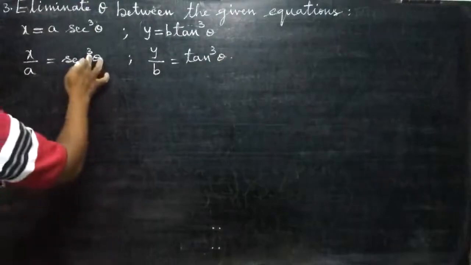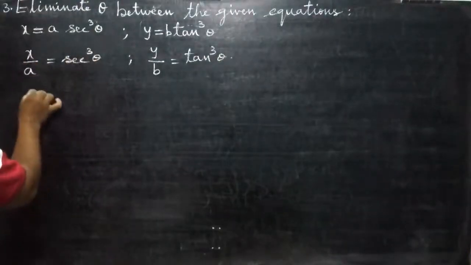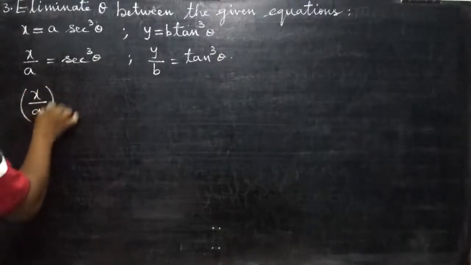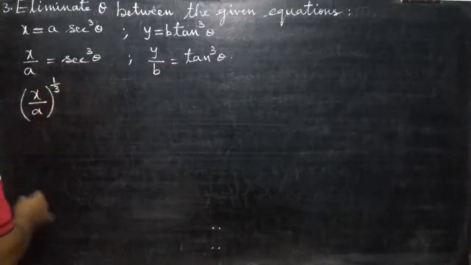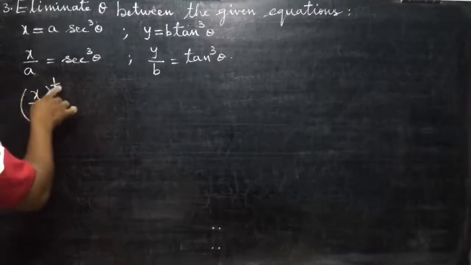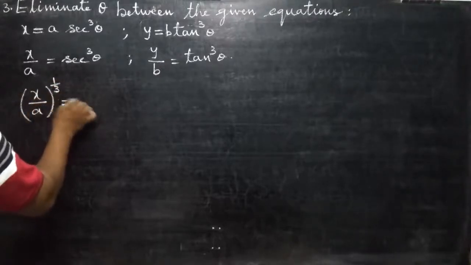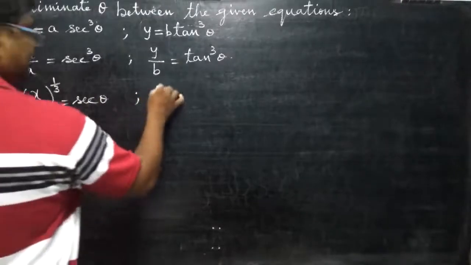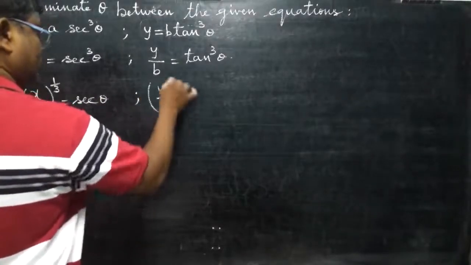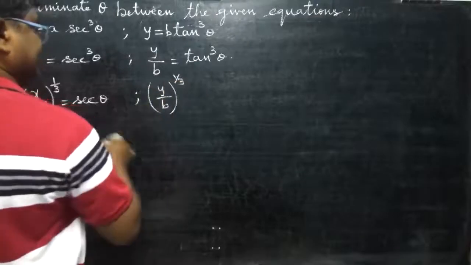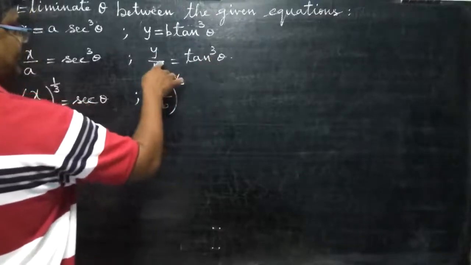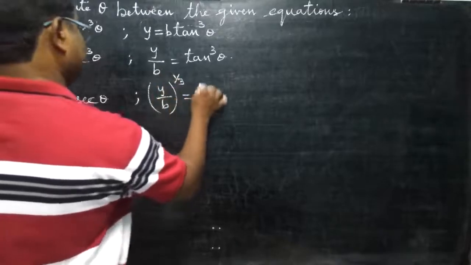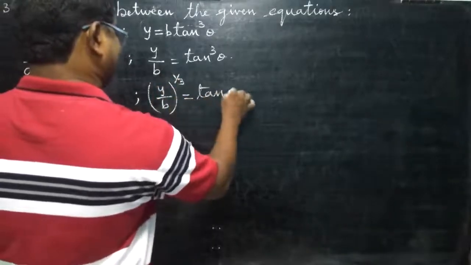Now bring this cube from right to left. It becomes cube root. x by a to the power of 1 by 3, or you can write cube root, that is also correct, is equal to sec theta. In the same way, y by b to the power of 1 by 3, cube coming from right to left is cube root, another form of cube root is 1 by 3, is equal to tan theta.